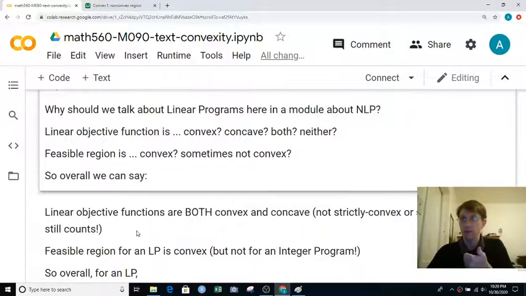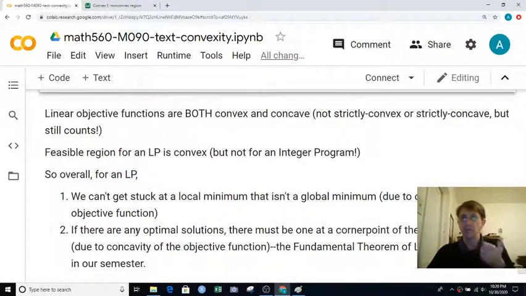We can't get trapped in a local minimum, and in some sense, I only have to look at the corner points to find the optimal solution. And I know there might be multiple optimal solutions along an edge, but at least we can find one of them at a corner point as long as the feasible region isn't entirely empty or our objective function isn't pushing us out to infinity. So the fundamental theorem of LP comes up again, and that will be one of the cornerstones of our next module.